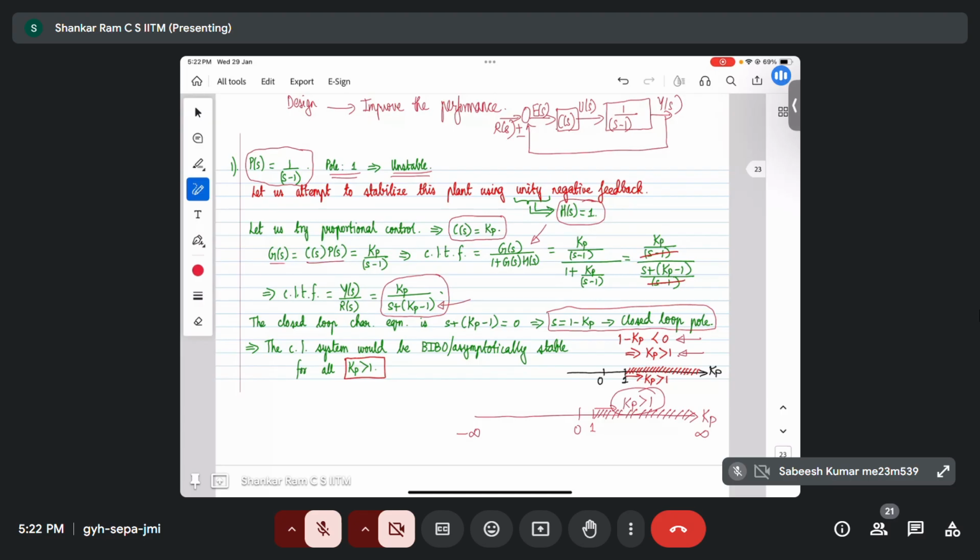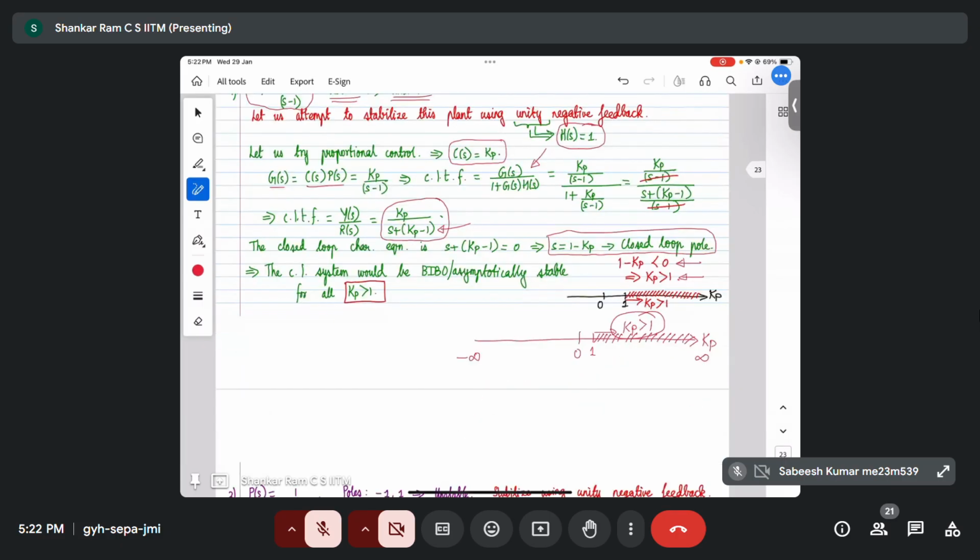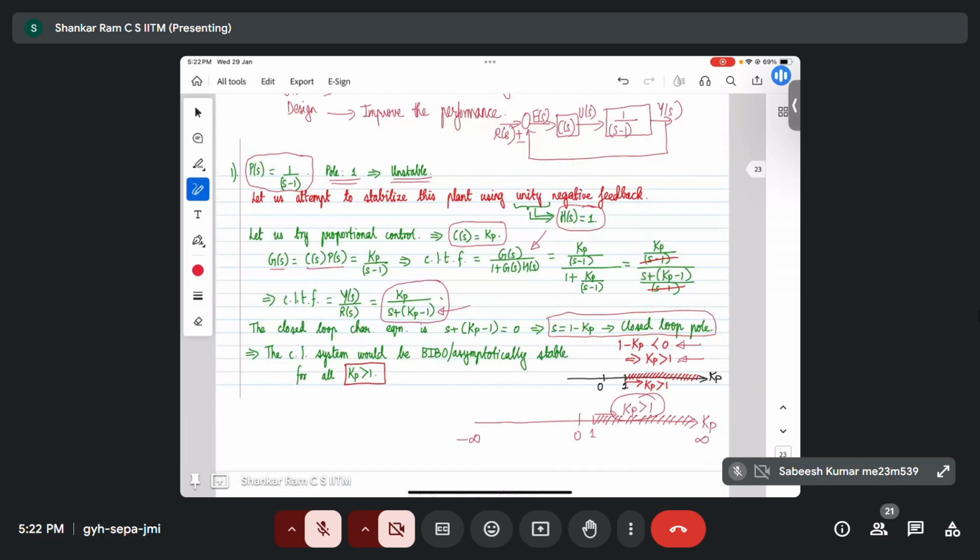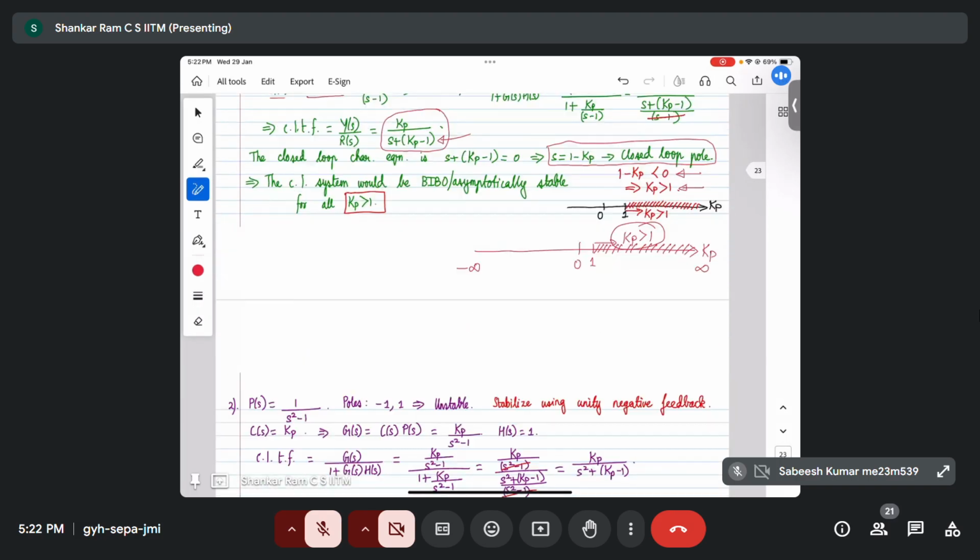In this case, Kp less than 1. So that is what we have learned from this example. It's a very simple example; we'll keep on adding complexity as we go on. Any questions on this example before we go to the next one? All right, let's carry on.